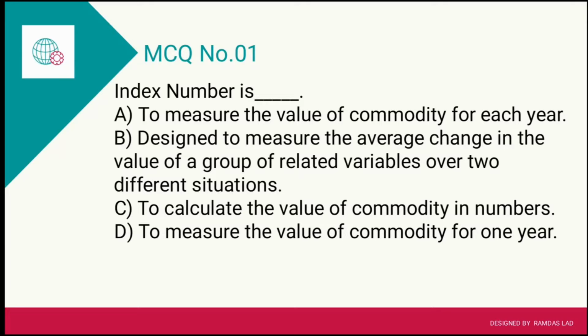So the index number is designed to measure the average change in the value of group of related variables. In index number we can measure the average change in the value of related variables, individually as well as in groups, over two different periods. It means option B is the correct answer.